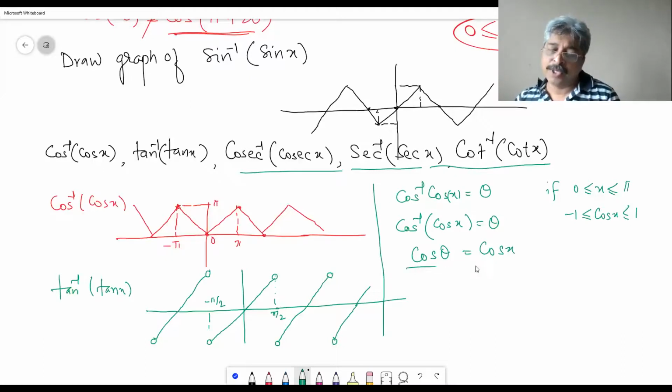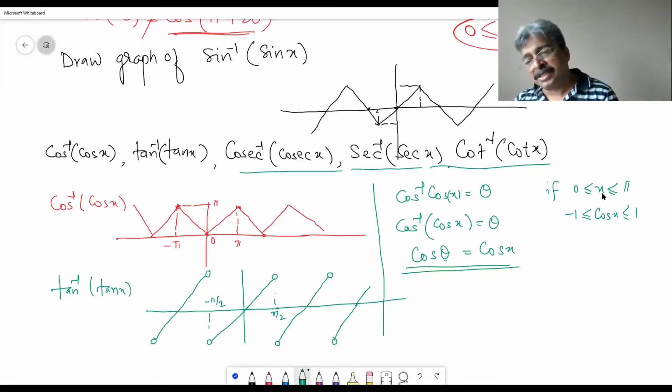So from here I should take the cos inverse. For taking cos inverse, is cos x in the desired zone, minus 1 to 1? Yes. Is theta in the desired zone?